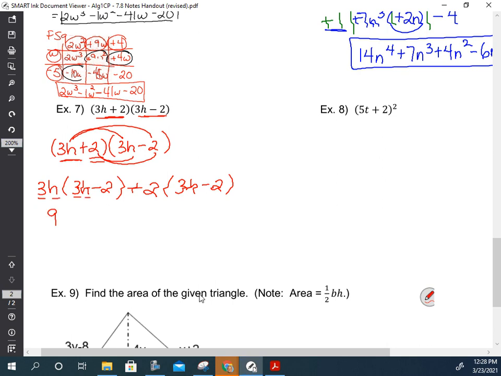What's h times h? H squared. 3h times negative 2? Negative 6h. So minus 6h. 2 times 3h? 6h. 2 times negative 2 is negative 4.